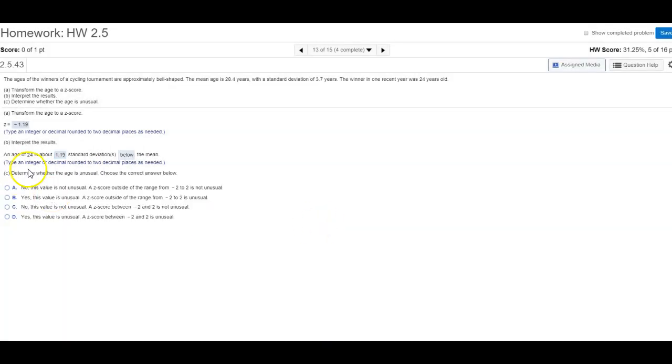And now they're asking whether the age of 1.19 is unusual. So remember what I told you. If you are in the range of -2 to +2 z-scores, you're okay.